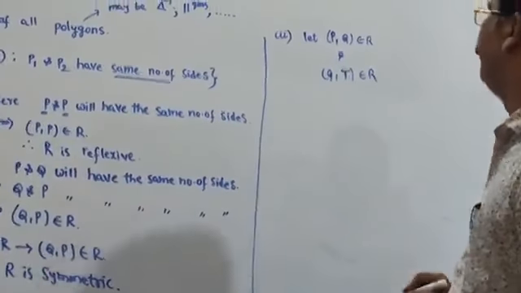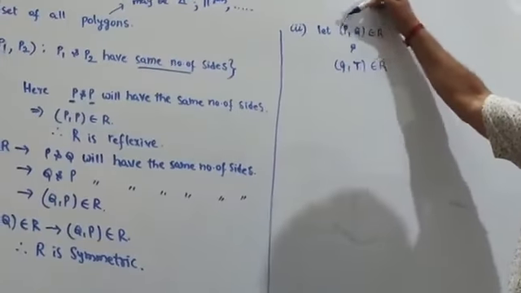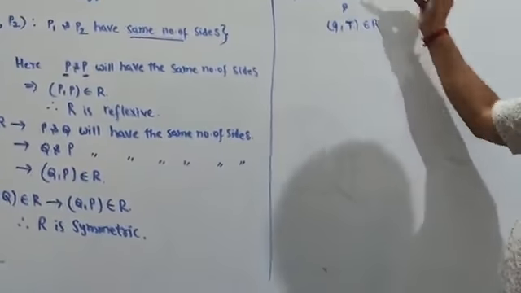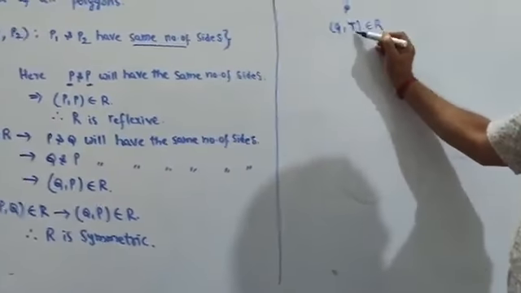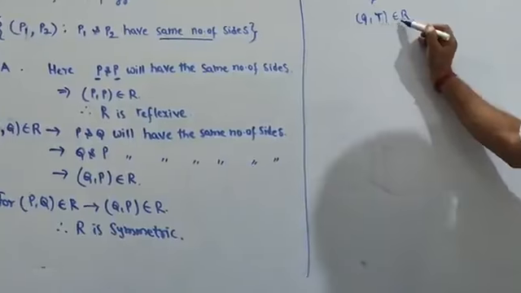For example, T. So capital P one polygon, capital Q another polygon, and T is another polygon which is in capital R.